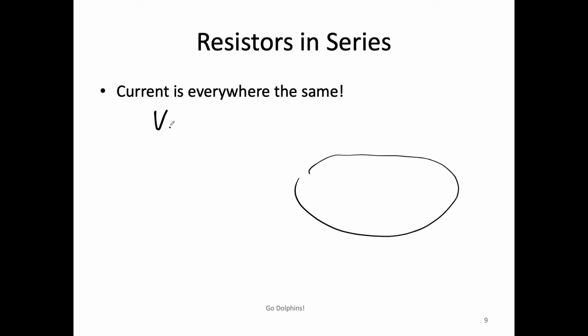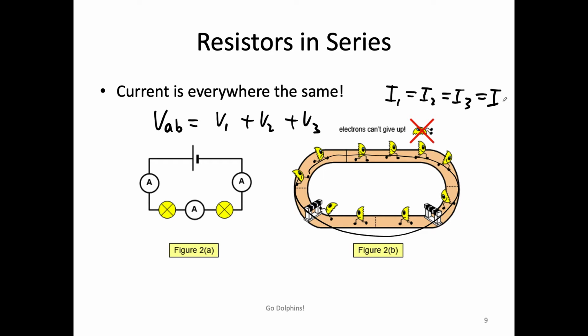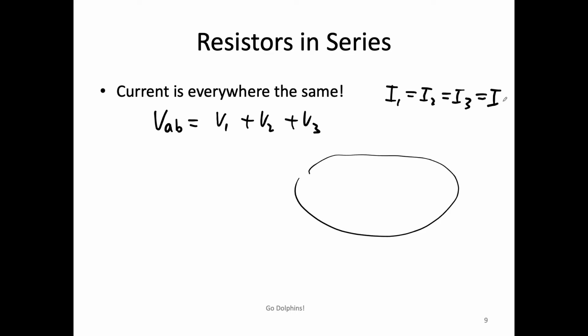We have VAB equals V1 plus V2 plus V3, and we also know I1 equals I2 equals I3 equals I. Let's call it I. Current is everywhere the same in a series circuit. So the current going through R1, R2, and R3 are the same.